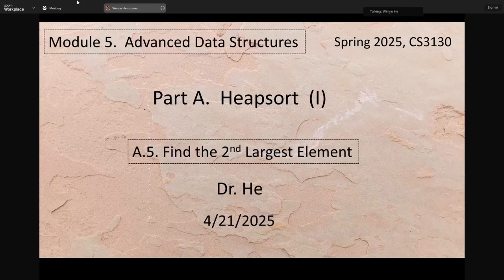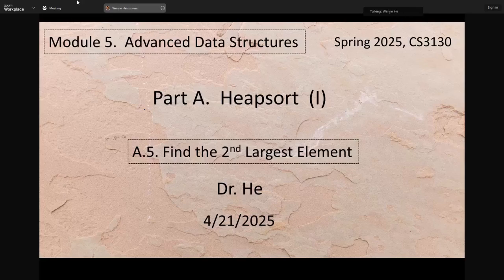Let me explain how to solve this problem. Find the second largest. The largest, we know it: n minus 1, optimal. Now, how to find the second largest with the minimum number of comparisons for the worst case? That's our goal.